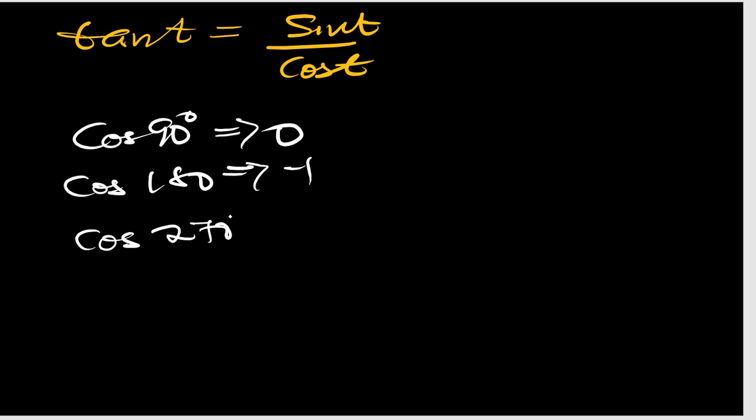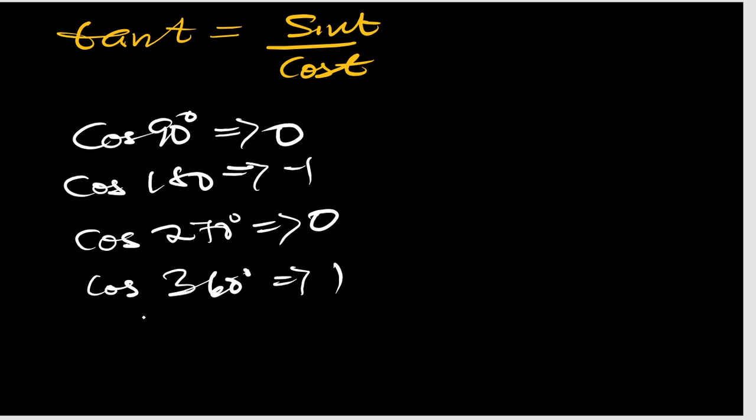Cos 270 is 0. Let me cross check with our calculator. Yeah, it's 0. Then the next one is 360. Cos 360 degrees is 1. Then the pattern continues in that order.